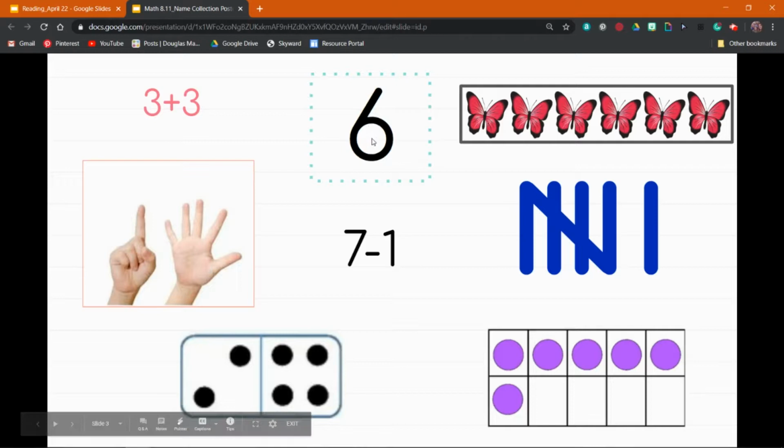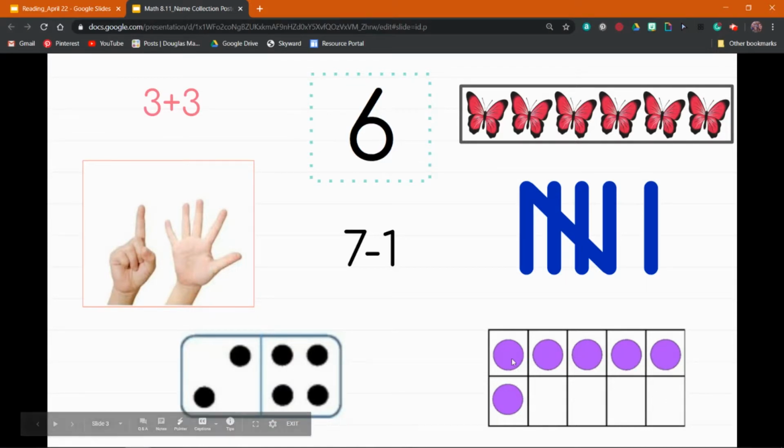Again, 6. If I look at this number sentence, this is a subtraction number sentence. If I have 7 and I take 1 away, how many do I have? I have 6.